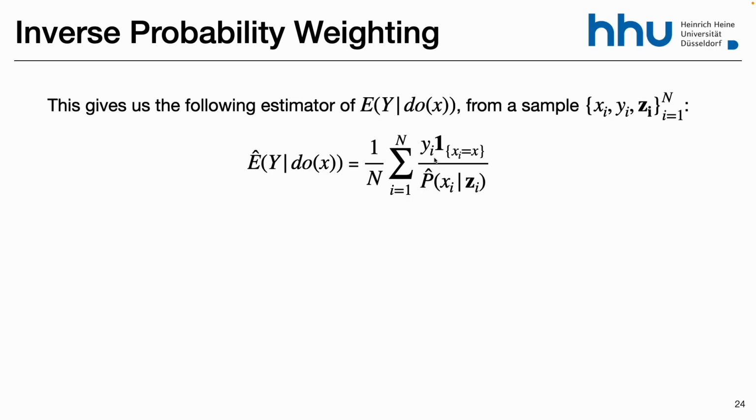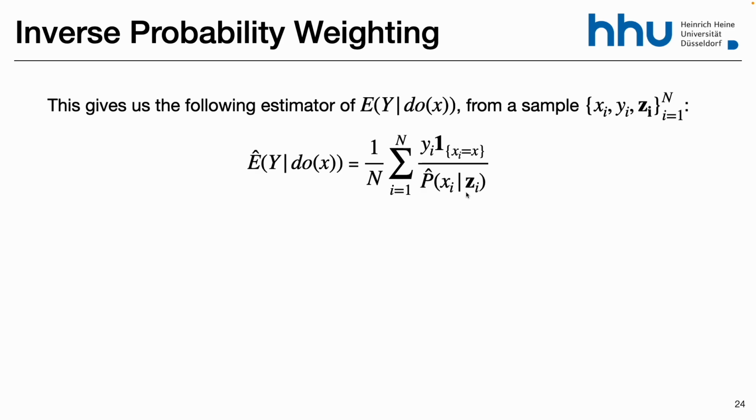For every sample I compute the propensity of that unit. I check what's the value of X for this unit, so what's the probability of X being equal to x_i given Z being equal to whatever is the Z of this unit. And then in the end, I'm basically just selecting the y's that match my treatment.